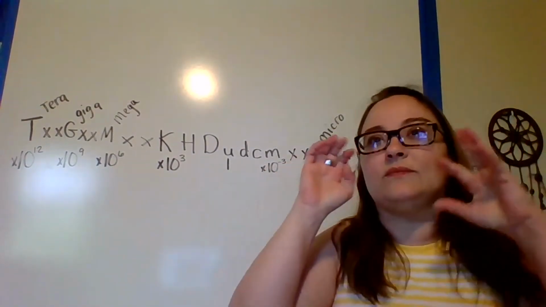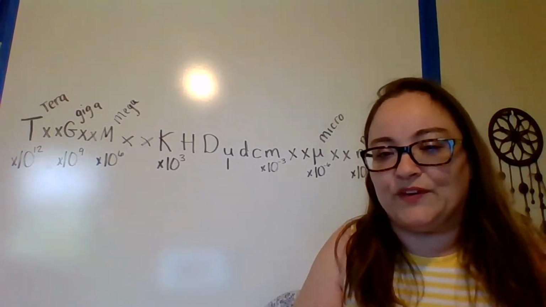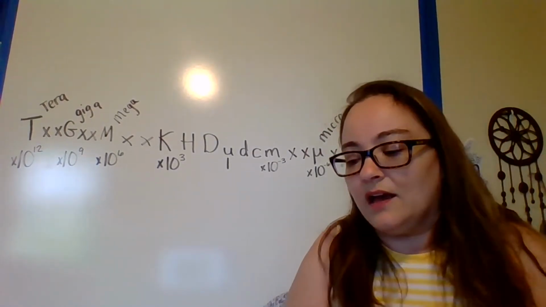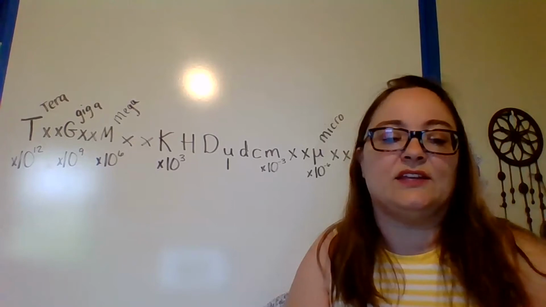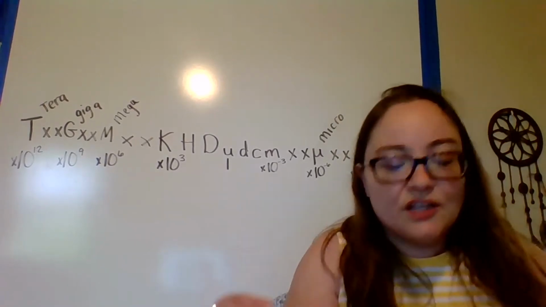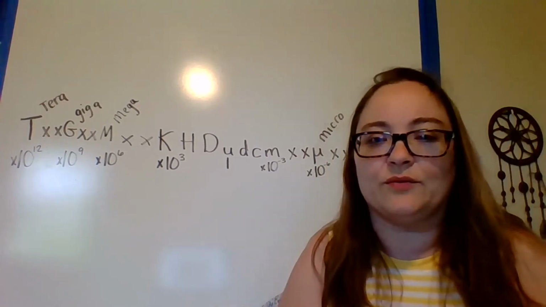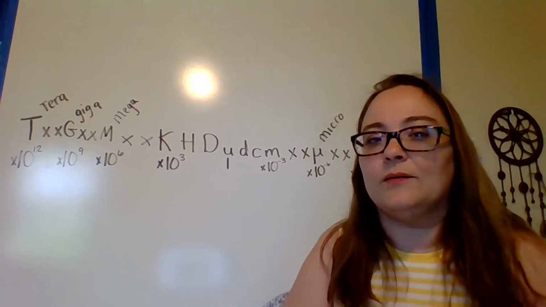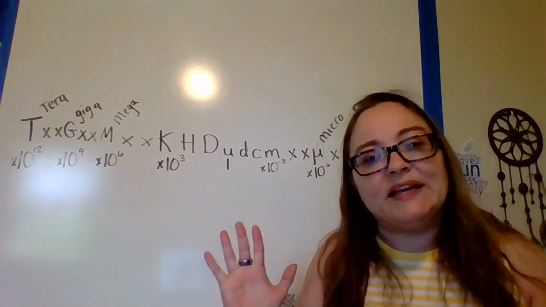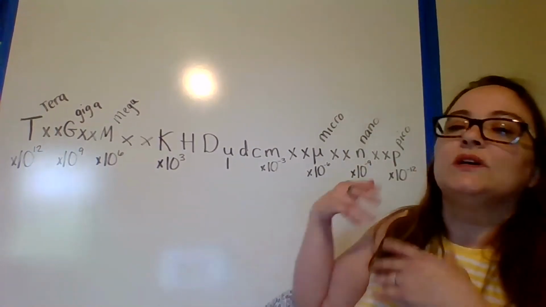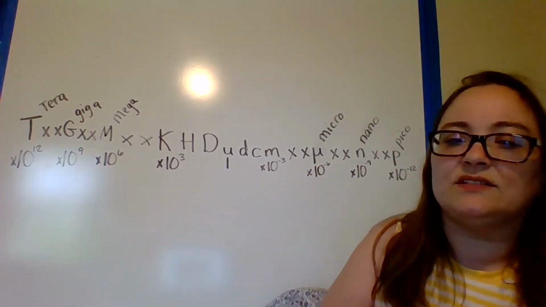So that's scientific notation, and prefixes are very closely related. A lot of times a scientist can use scientific notation, but then switch over to using the prefix for the number for whatever reason it's needed. So that's just a basic introduction to what we're going to be doing for the rest of this lesson.